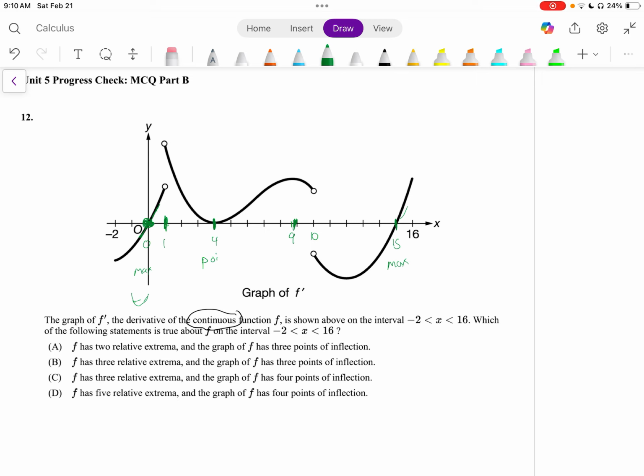The other ones, so at 1, when the derivative is undefined, we see our slope is positive and our slope is still positive. So there's a critical point there. Slope is positive, so that's a point of inflection.